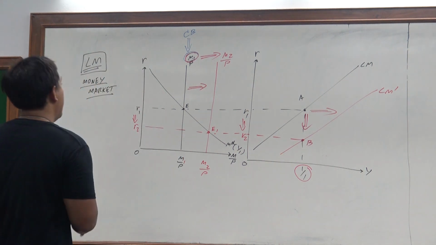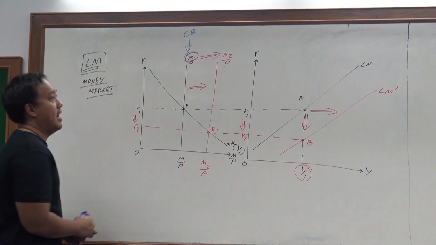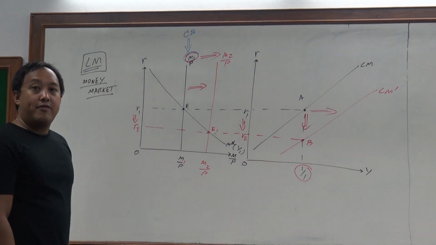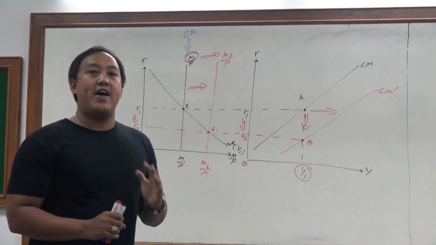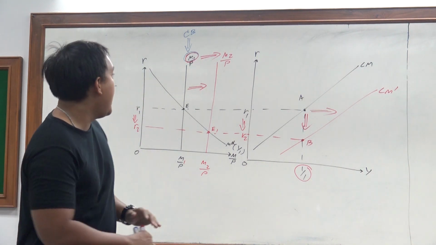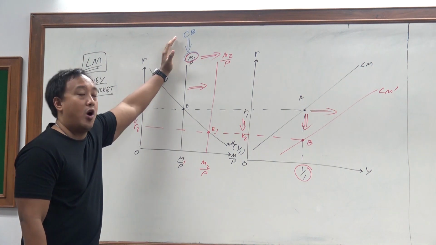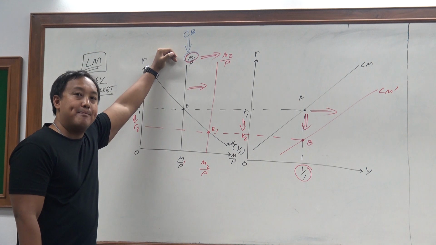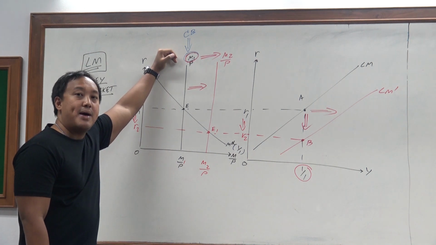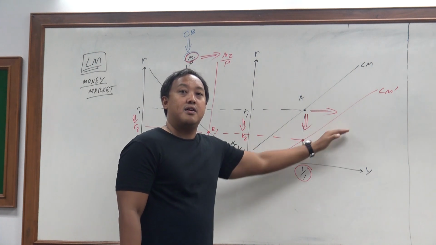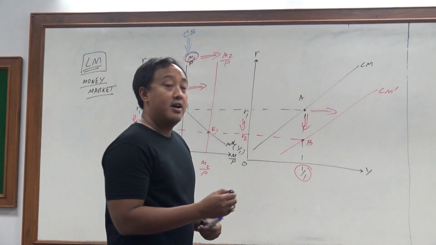So, for conclusion, for the open economy, the function of the LM curve and the money market is still the same. The central bank can control the nominal money supply, M. Since the central bank can control M, it can control the LM curve.